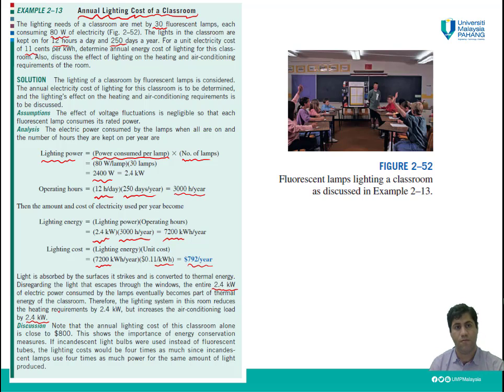I mean, if we need more air conditioning or more heating, it also costs us. So the total cost will be higher than this $792 per year. It will be higher due to the change in the thermal energy of the system.